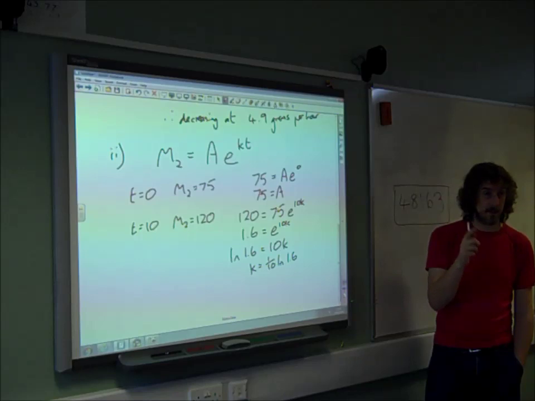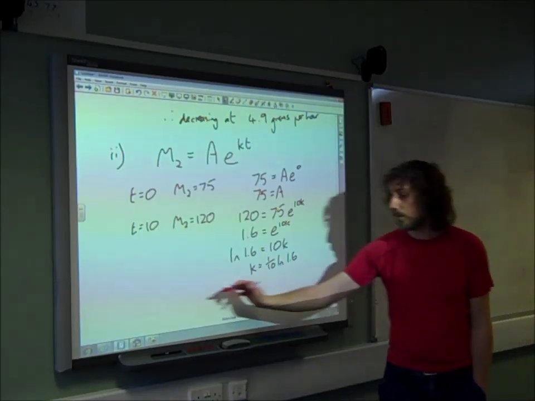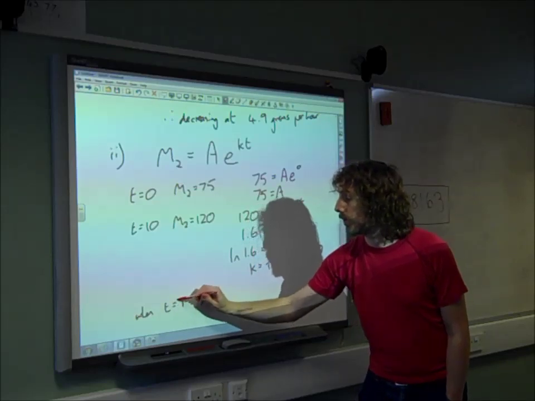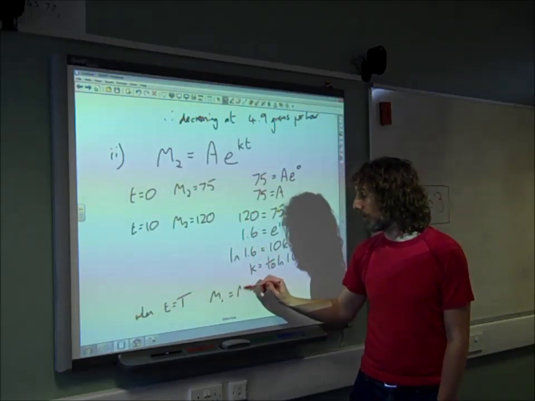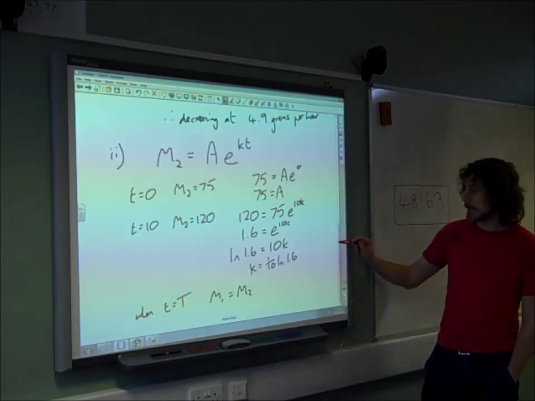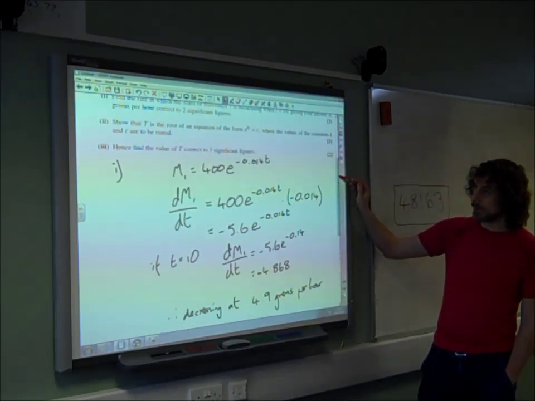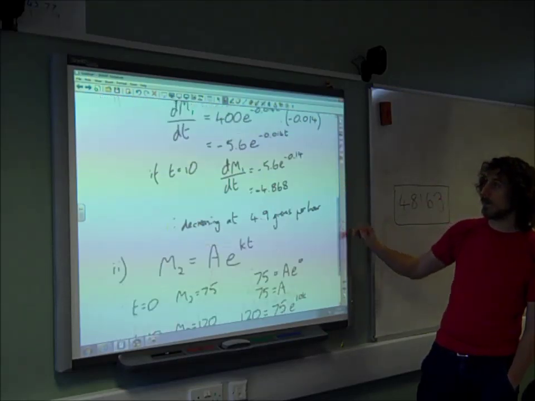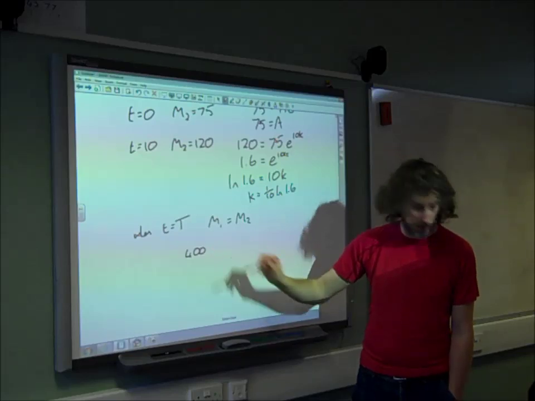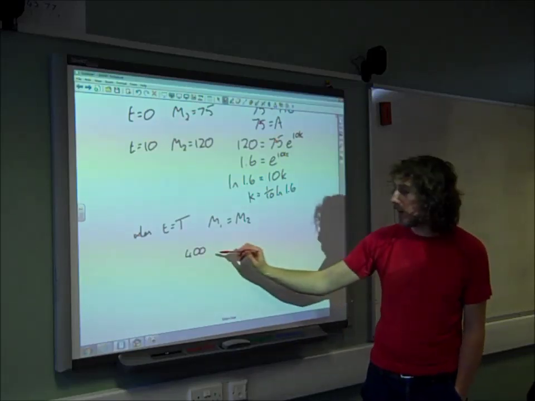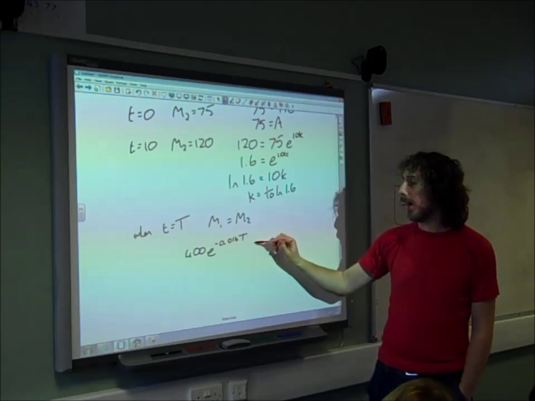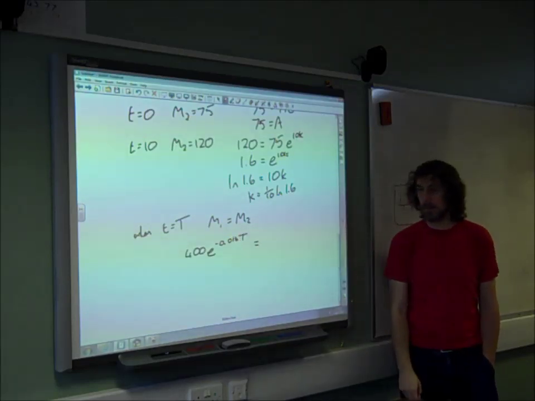Now T is the time when the masses are the same. M1 equals M2. And so M1 was 400e to the minus 0.14t, and it's big T, pointed at the same.